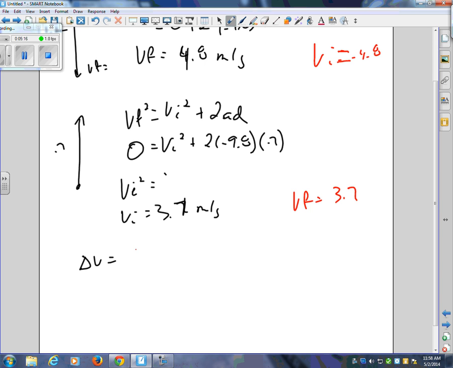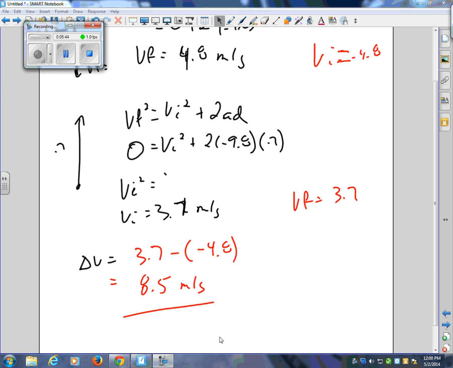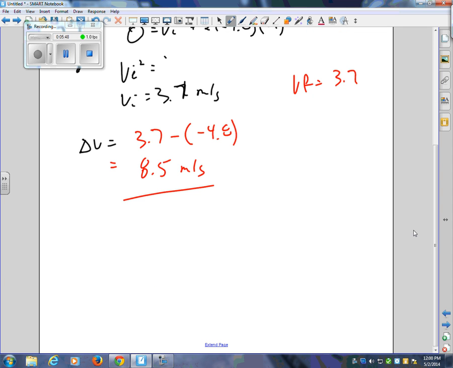So my delta V is going to be 3.7 subtract minus 4.8, which is 8.5, right, is the delta V. Do you want me to pause here and see how you make out the rest of the way? Because once I had initial velocity, you can get the change in momentum.